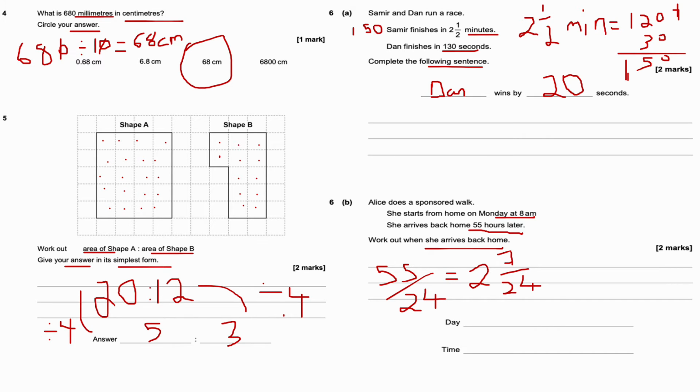So 2 whole days takes us to Wednesday at 8 o'clock, so 2 days later. So it's Wednesday, and then I've got to add on 7 hours to 8 o'clock in the morning. So 8 a.m. and I'm going to add 7 hours.